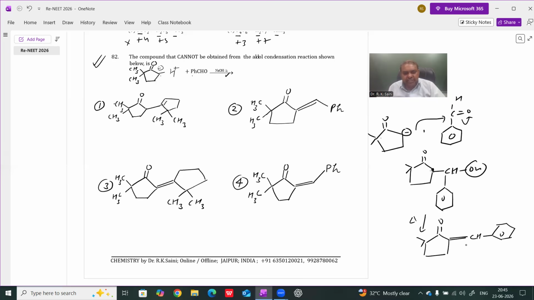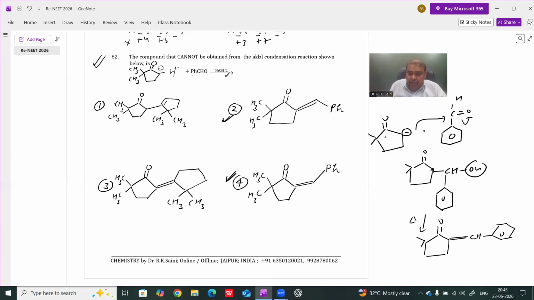We know that this compound shows geometrical isomerism, and hence structures 2 and 4 are possible in case of cross aldol condensation, where one molecule contains alpha H and another lacks alpha H. This ketone gives the nucleophile and the aldehyde acts as a substrate. Therefore, products second and fourth are possible by geometrical isomerism.